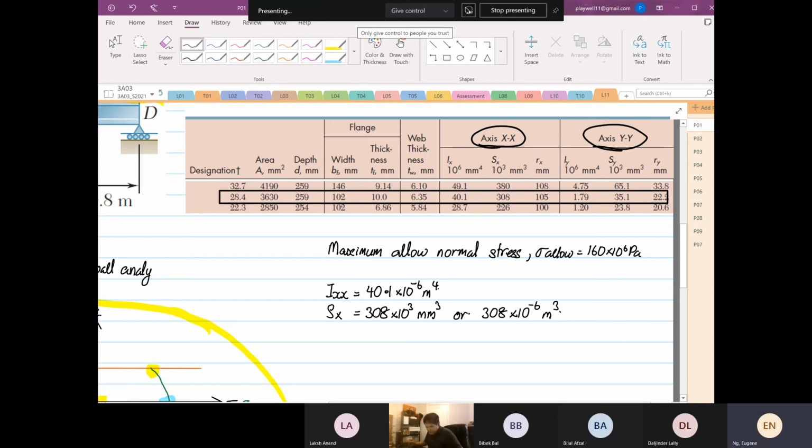We are given it. Why I concentrate on SX is because our normal stress is bending about the x-axis.